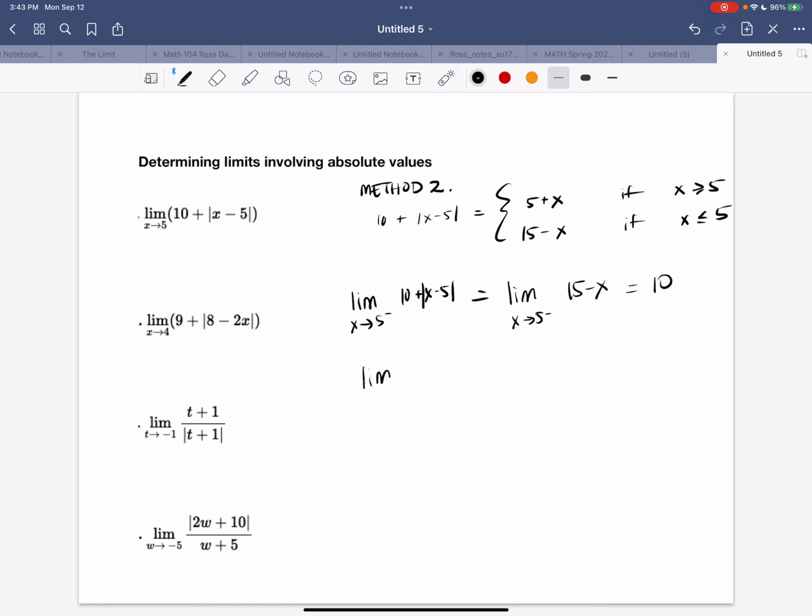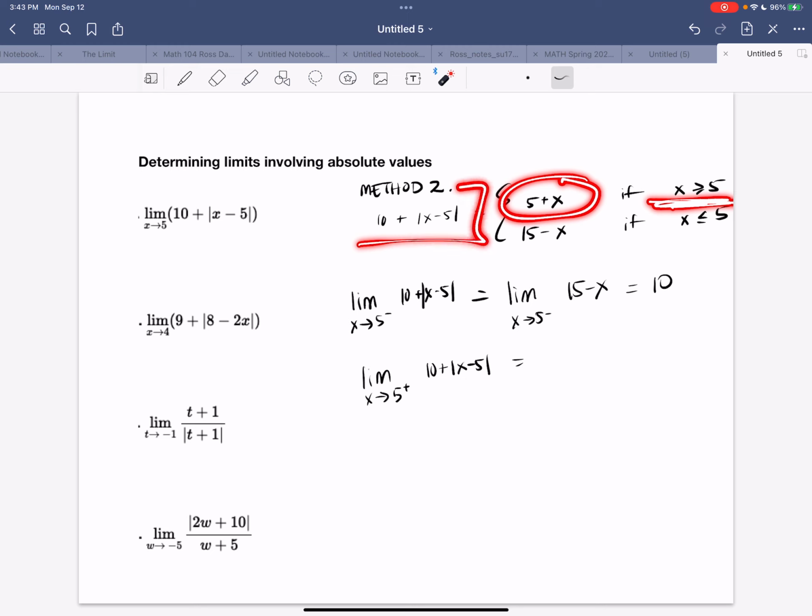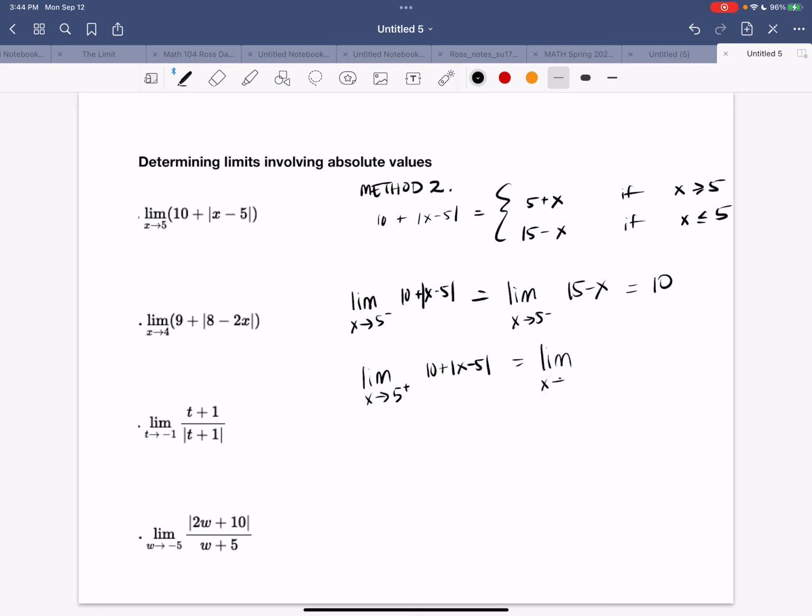And then I can also say, okay, well, what about if we approach 5 from the right? Well, if we approach 5 from the right, then I need to use this formula, 5 plus x, because that's the formula for my function when x is bigger than or equal to 5. So I'll have the limit as x approaches 5 from the right of 5 plus x.